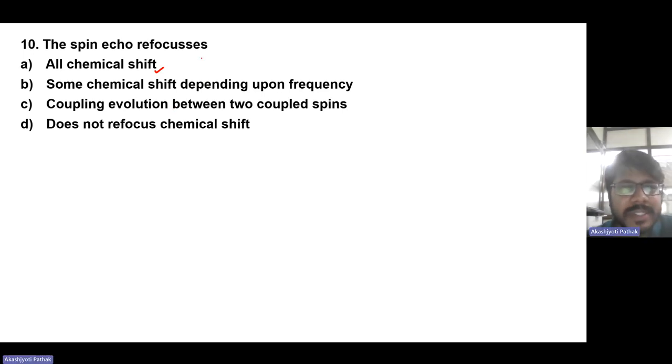What is this question asking? What gets refocused when we record this spin echo experiment? Whether all the chemical shifts will be refocused, or whether some chemical shift will be refocused depending upon frequency.